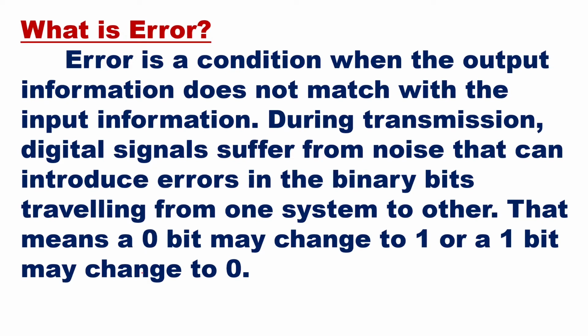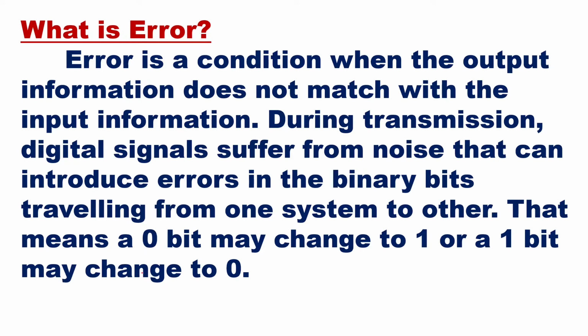From noise, the amplitude of the digital signals, whether logic 1 or logic 0, will suffer. Because of that, the amplitudes representing logic 1 and logic 0 will not be correct.